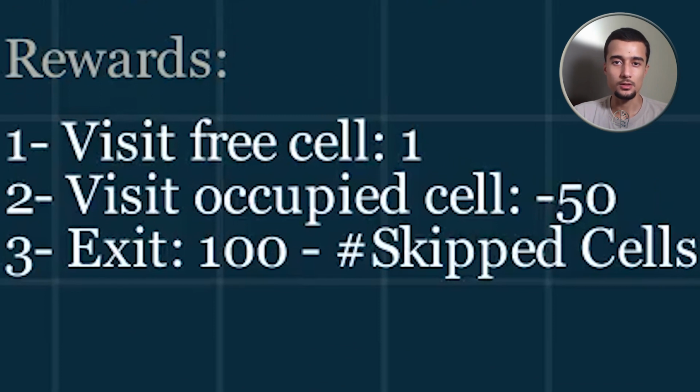I've defined a small positive reward for each free cell the agent visits, a very big negative reward if the agent tries to move to an obstacle cell, and a bigger reward when the agent reaches the target cell. However, that reward is reduced by the number of skipped cells.